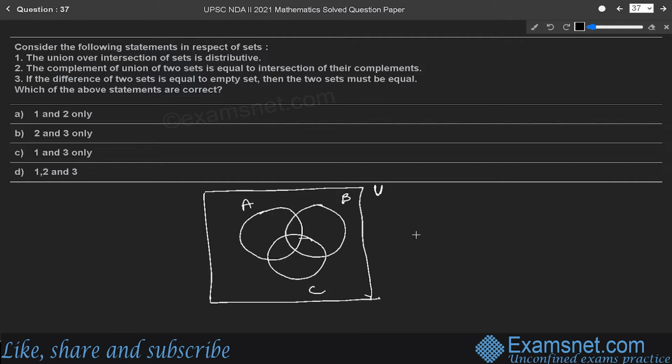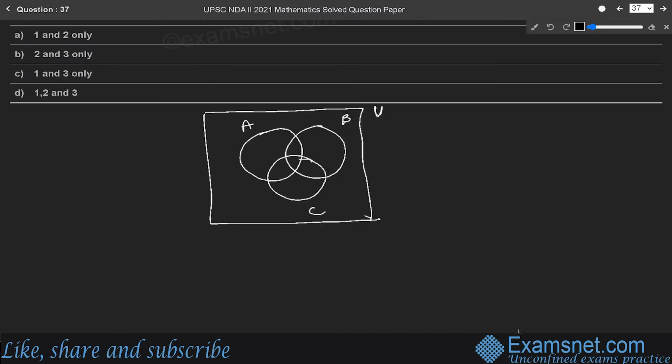Since we know that distributive properties for sets A, B and C is A union (B intersection C) is equals to (A union B) intersection (A union C), and see, there is another law which is De Morgan's law. So according to De Morgan's law, (A union B) complement is equals to A complement intersection B complement by De Morgan's law.